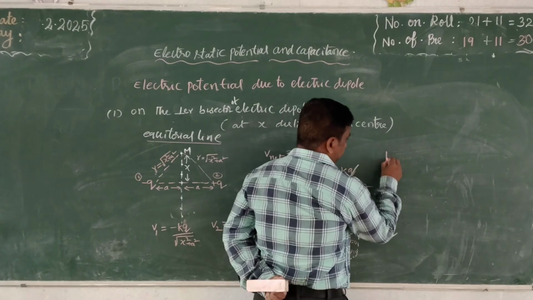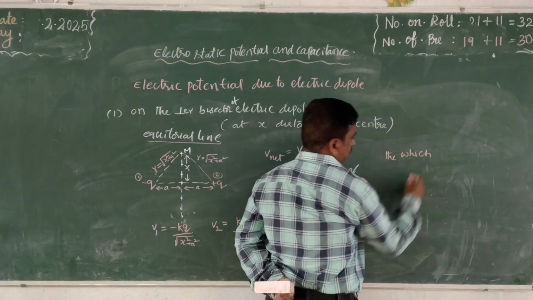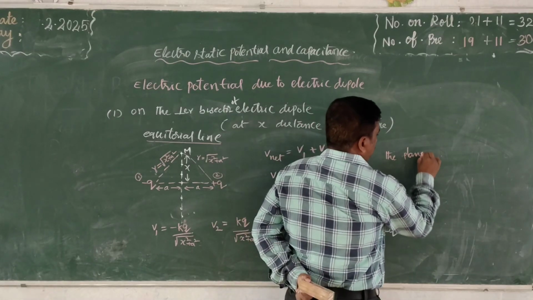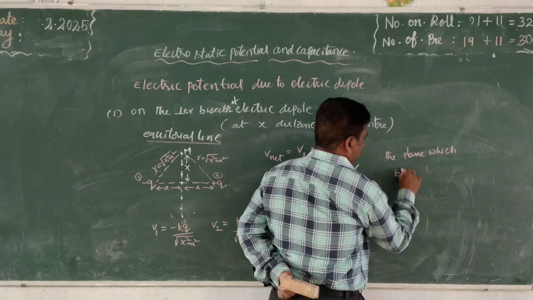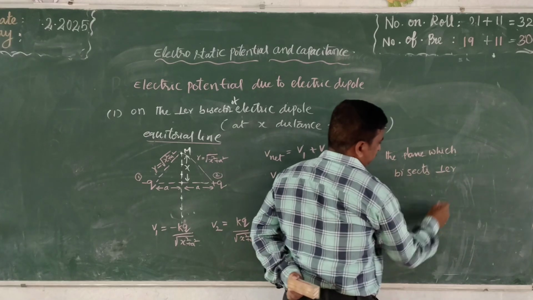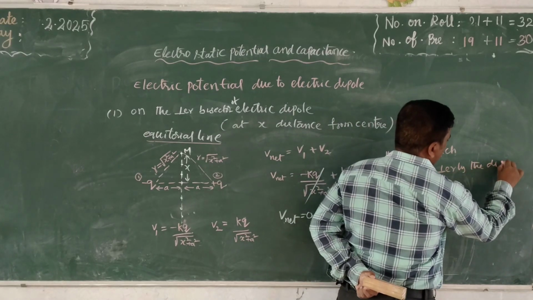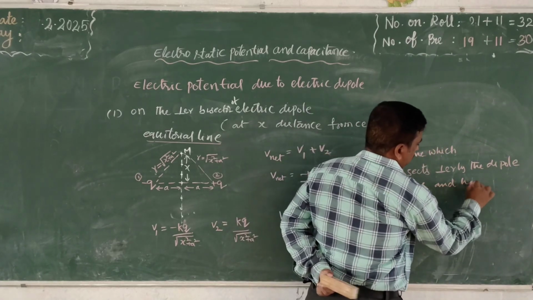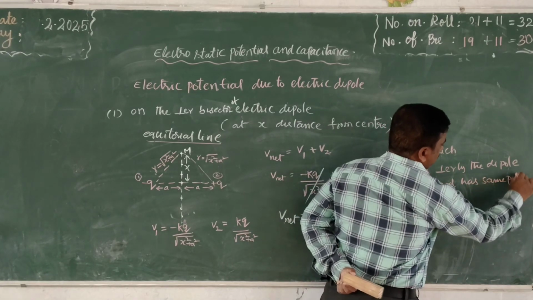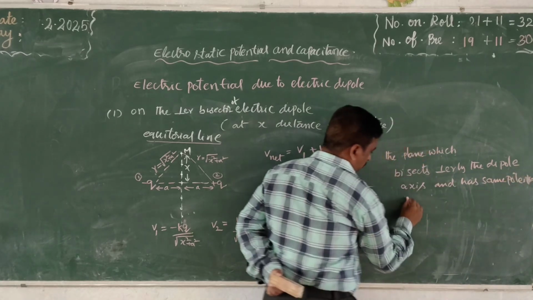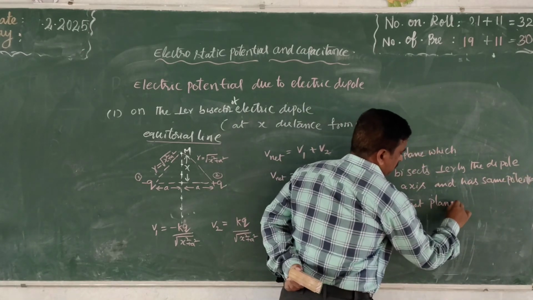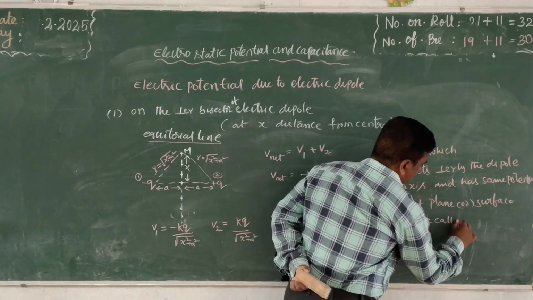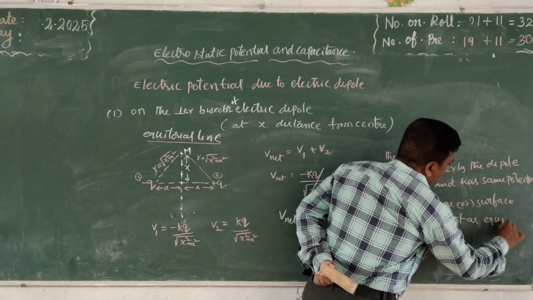The plane which bisects the dipole axis perpendicularly and has the same potential, that plane or surface we call an equipotential surface.